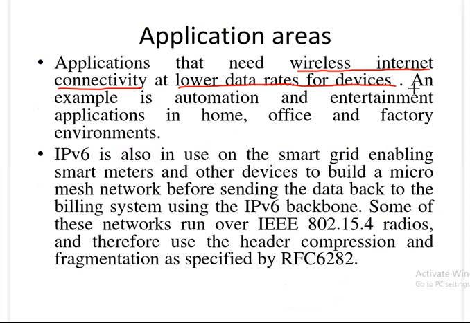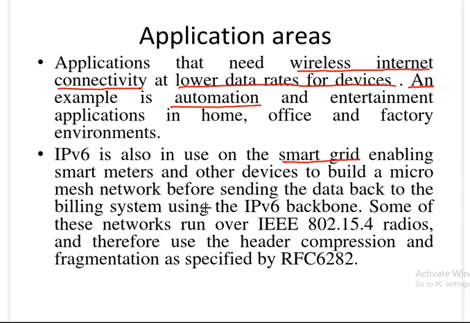And there are some applications which need a very low data rate, for example home automation, and entertainment applications in home, office, and factory environments. Also this protocol we can use in the smart grid. Just now we have seen automatic electricity billing, smart grid enabling the smart meters and other devices to build a micro mesh network.